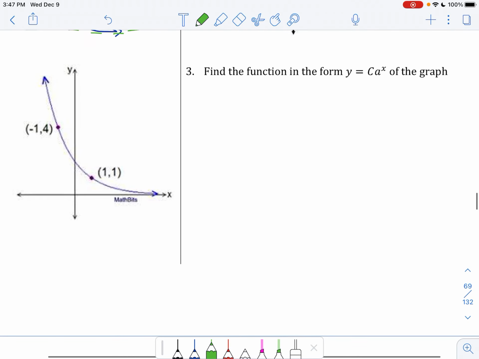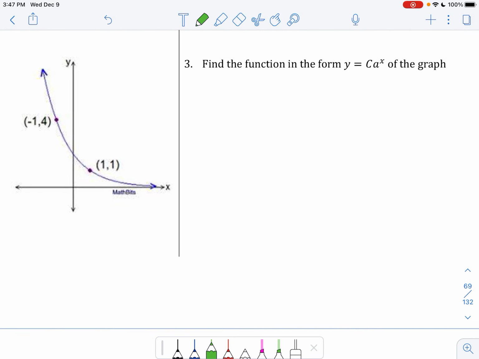One other question I might ask you is to find the function of the form y equals c times a to the x of this graph that we have here. It's nice that we have 2 points because we have 2 variables, and that's what we're going to use to find each of these. If I have the point (-1, 4), hopefully you would remember this means that f of negative 1 is equal to 4, and (1, 1) means f of 1 is equal to 1.